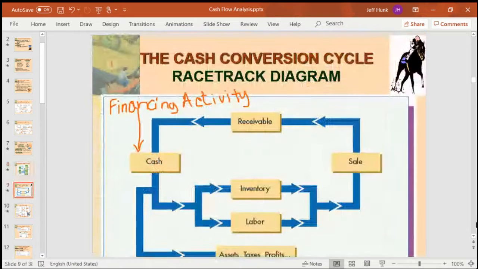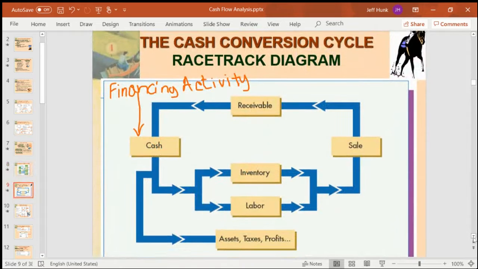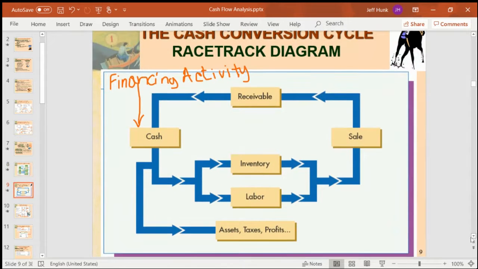They also have something similar, called the racetrack diagram. But this racetrack diagram is mostly about operating activity. Just like a circuit, the racetrack is a circuit, basically.